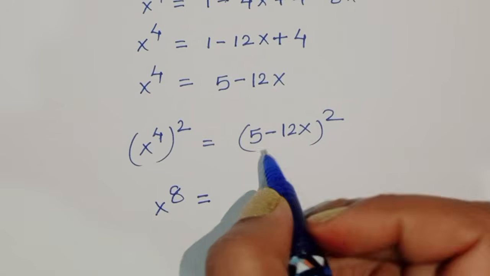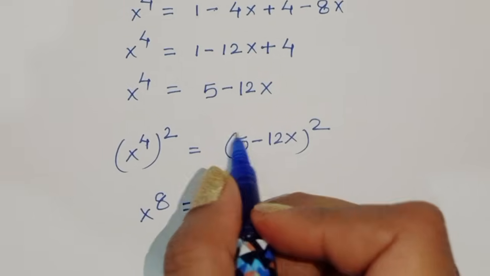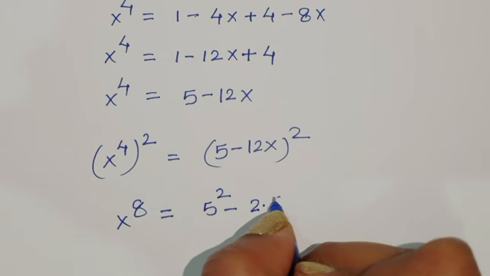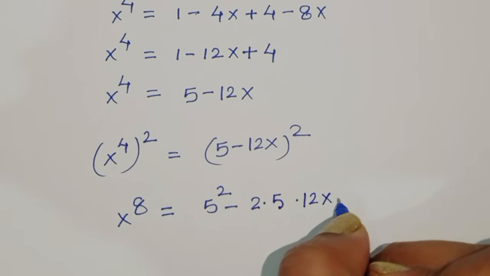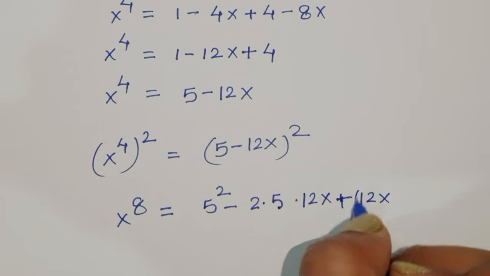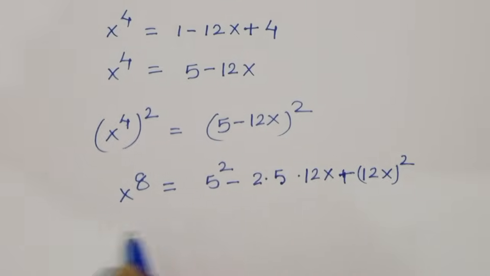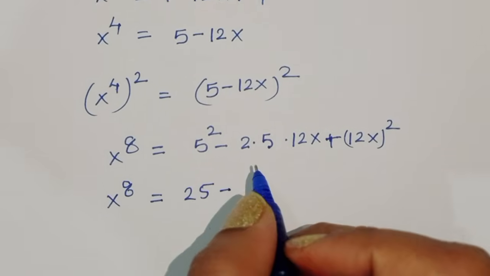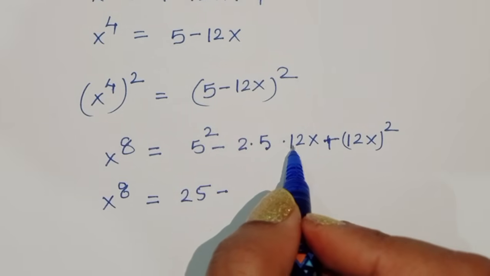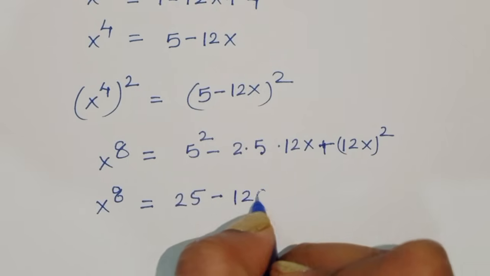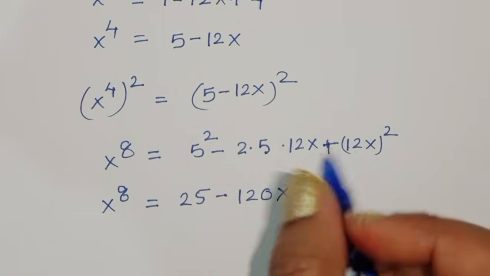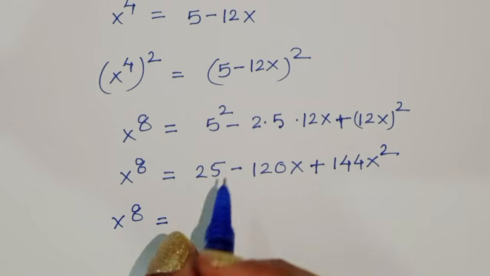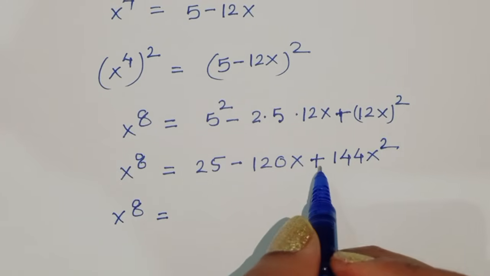Now the (a minus b) whole square formula: a square, that is 5 square, minus 2 times 5 times 12x, plus (12x) whole square, this is b square. So x power 8 is equal to 25 minus 120x plus 144x square.